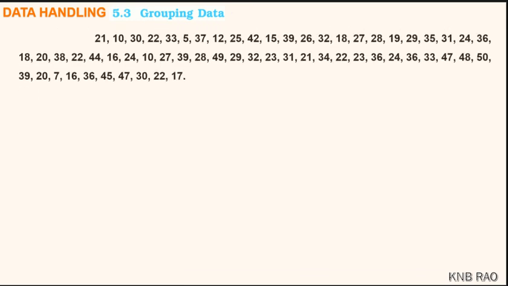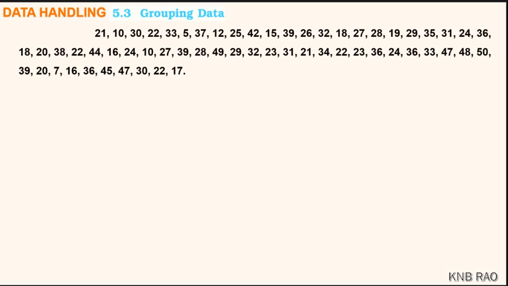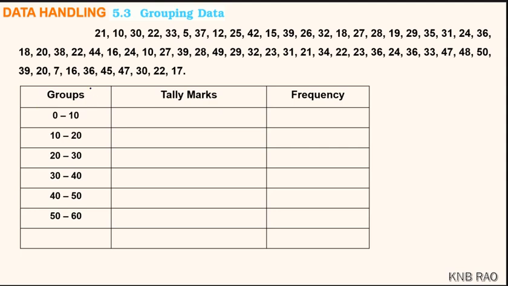Children, here is the data which I have got and I am grouping the data. I am going to draw a frequency distribution table, like here it is. Here I have got groups which are also called class intervals. So, class intervals are 0 to 10, 10 to 20, 20 to 30, 30 to 40, 40 to 50, 50 to 60.